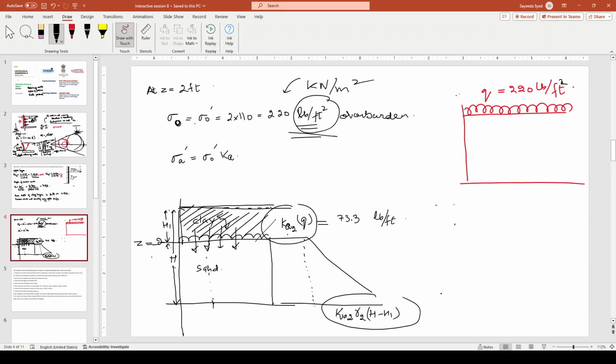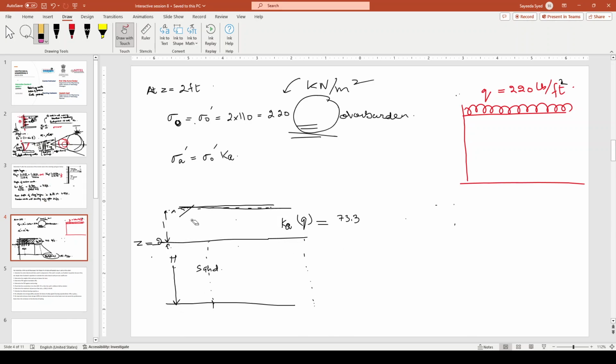So this will be 181. Let me assume, for your sake, that this is kilonewton per meter square, even though the values are not appropriate to change directly. I would have to reduce them, but let us not.